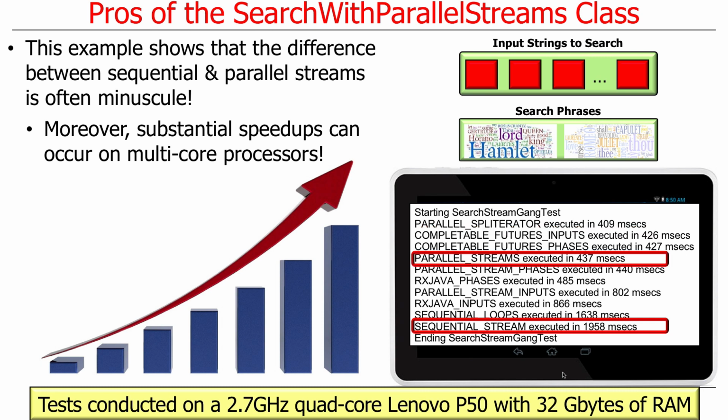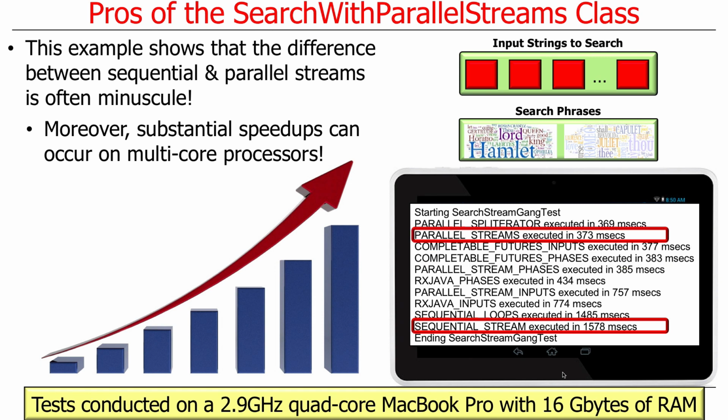But what is also really interesting, we'll talk about this later. You'll notice how on my Lenovo machine, some of the implementations, particularly the ones that use so-called completable futures, which we'll talk about later, actually ran faster than the simple Parallel Streams version. Whereas on my MacBook Pro, the Parallel Streams version ran faster than the completable futures version.